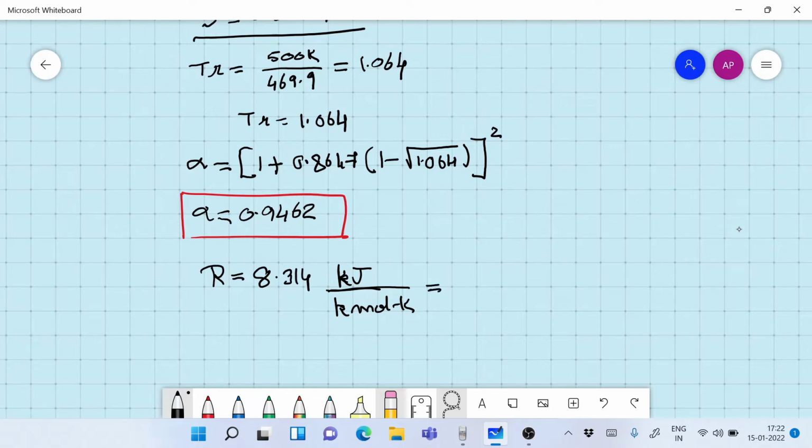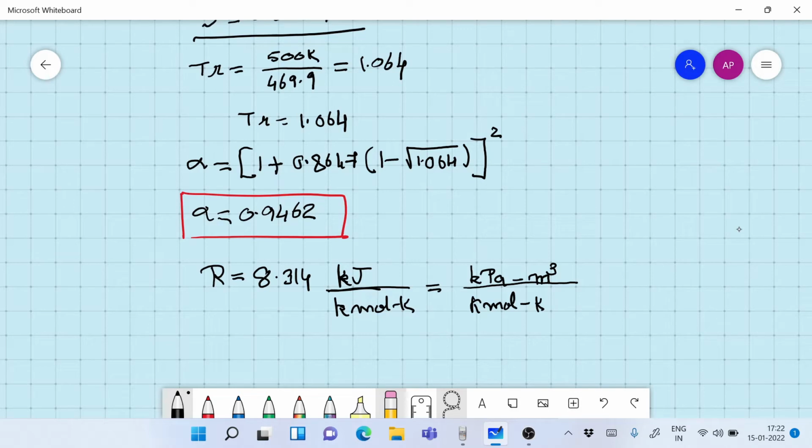Now we need to understand here that the pressure will be in kilopascals, the volume would be in meter cube, the amount will be in kilomoles, and the temperature will be in Kelvin. So it's very important to understand this.